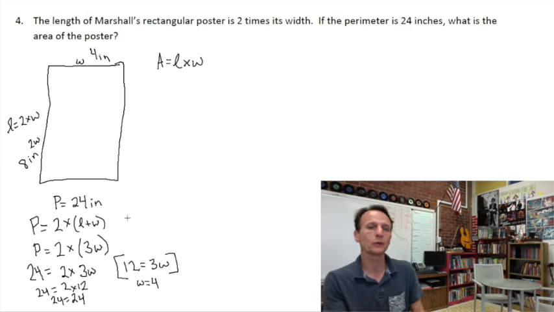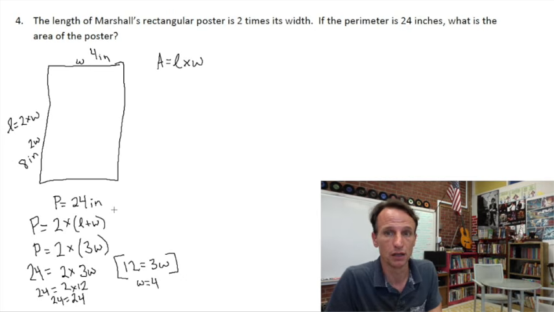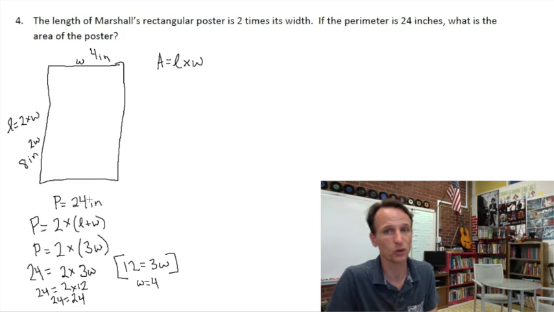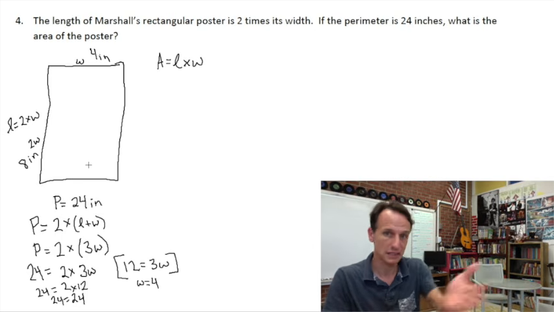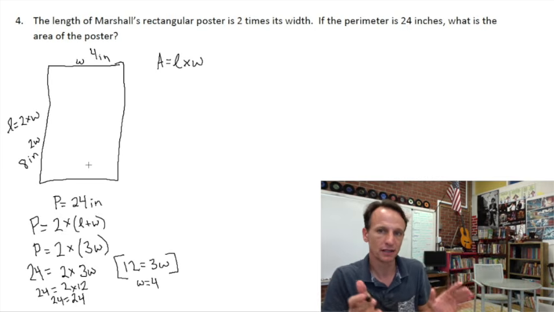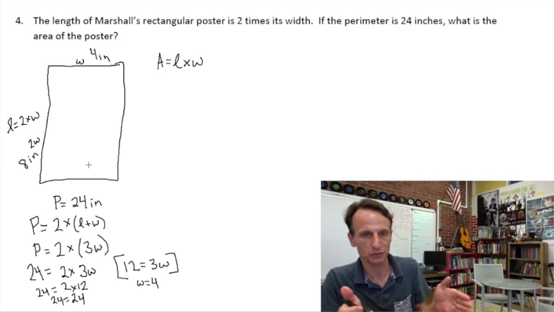So it checks out. Now, if what I just did makes no sense to you, that's okay, because what you could have done is just tried out some numbers. You could have tried 1, 2, then 3, then 4, because you know we're dealing with whole numbers, and that your perimeter is 24, so that places a limit on how large the width could be.